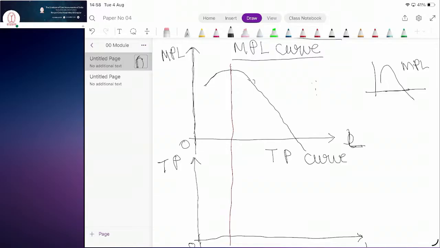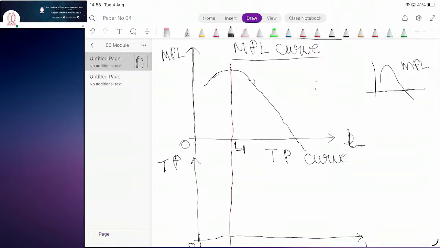This is labor input L1. Correct? Till L1, what is happening? The marginal product is increasing. It reaches a maximum point here.